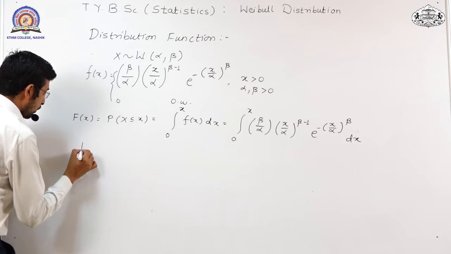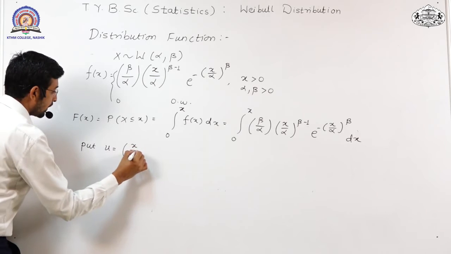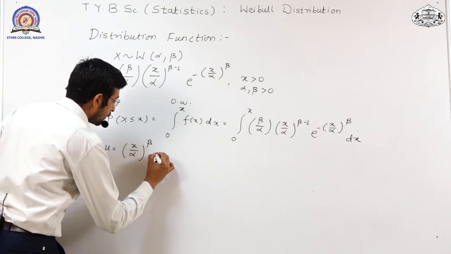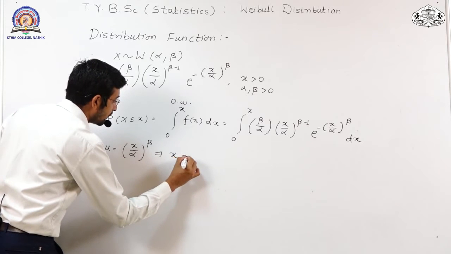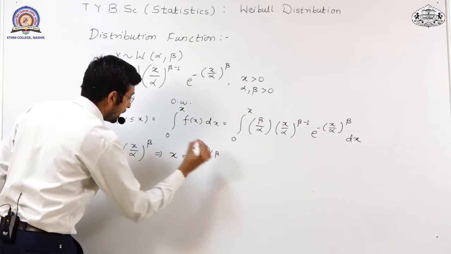Again here I have put u equal to (x upon alpha) raised to beta. Now if I have to simplify it, we get x is equal to alpha into u raised to 1 upon beta.